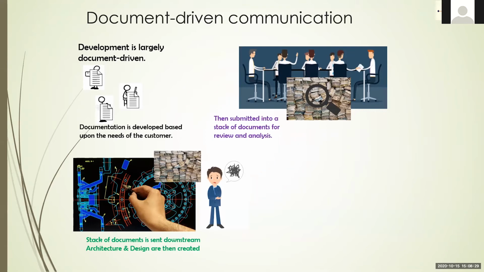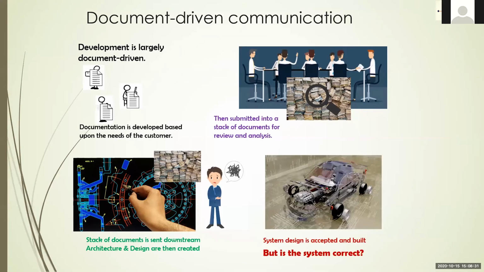Then later we finally have our prototype or final product. But the big question is whether the system is correct and whether it will be able to fulfill its intended use in its intended environment. That's really the big question.